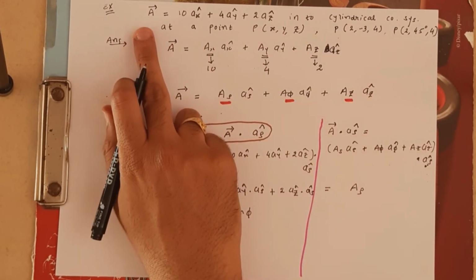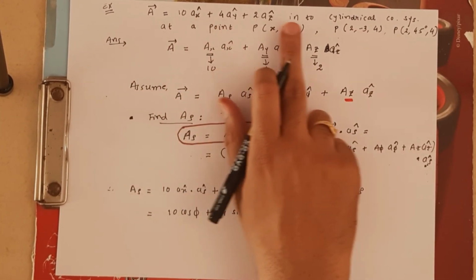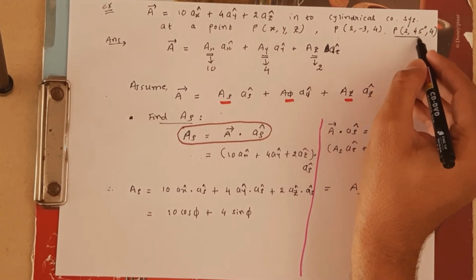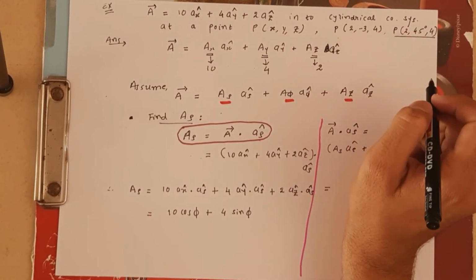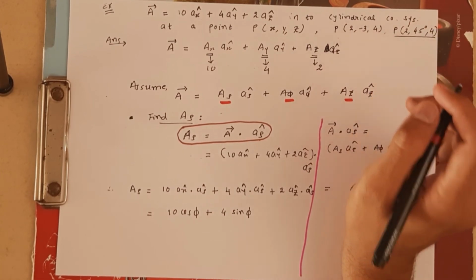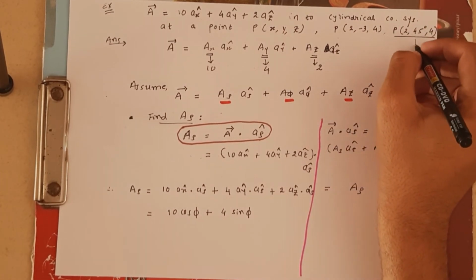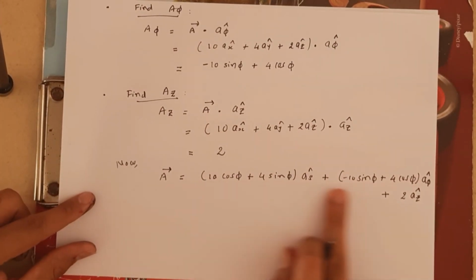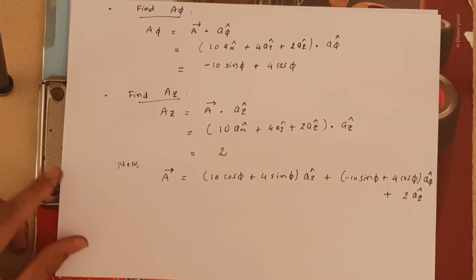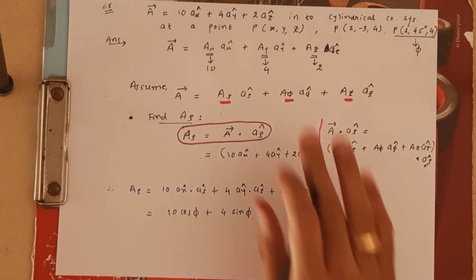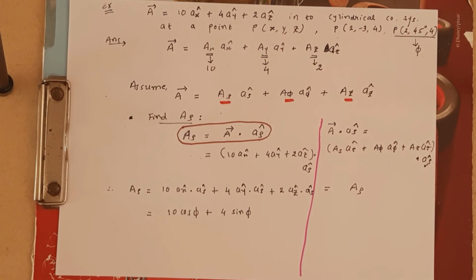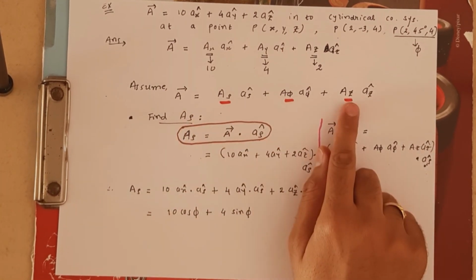Now the example is in this way: convert a vector into cylindrical coordinate system at a point P of 2, 45 degree, 4. So in this case you have to directly put the value of phi, which is 45 degree, in our last equation. So the same example may be asked in different ways. First we have to assume the vector.